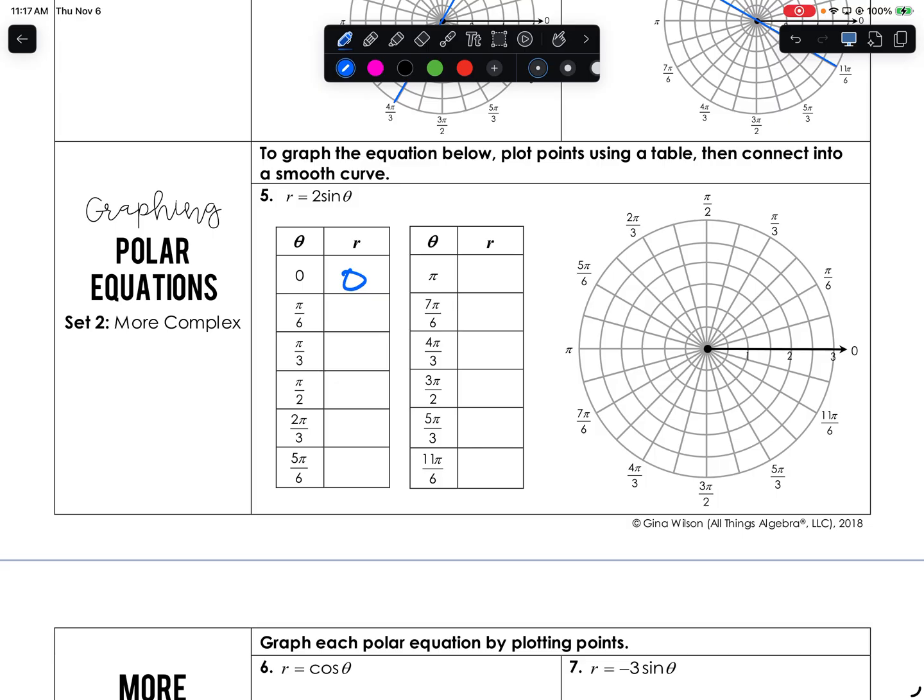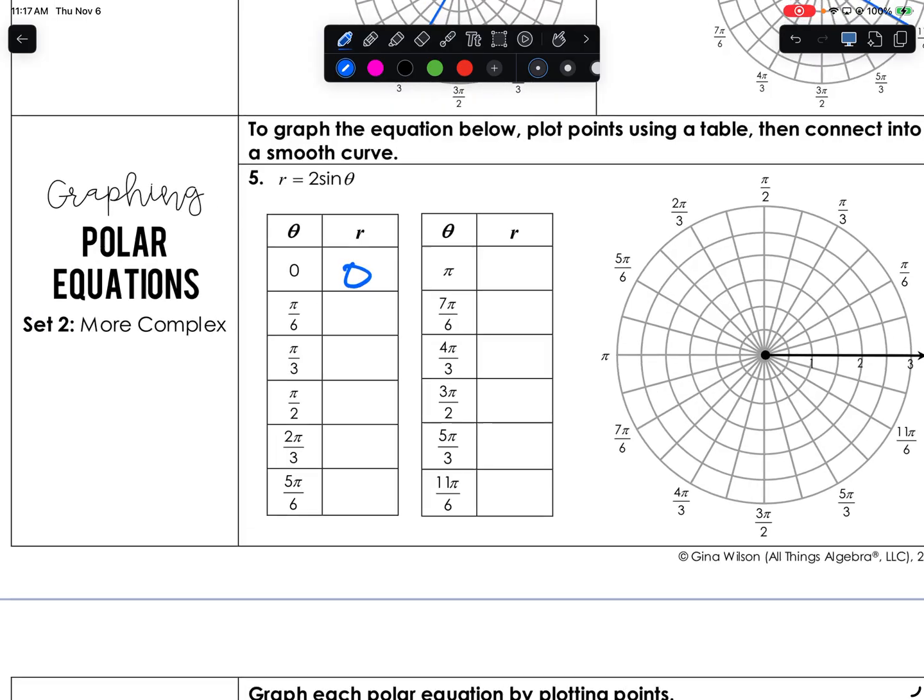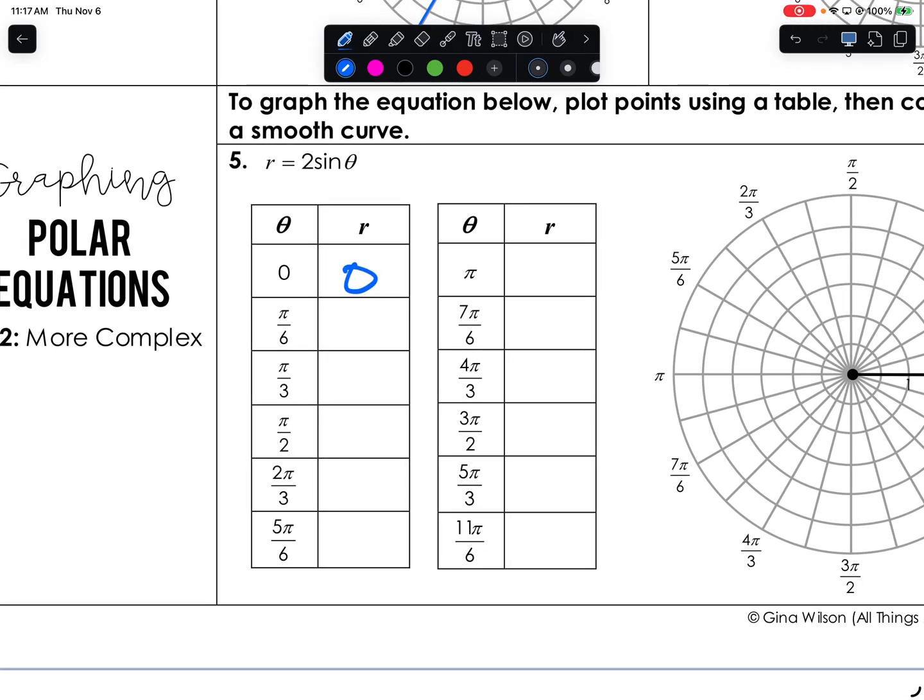So pi over 6, what is the y value? Pi over 6, the y value is 1/2. What do I have to multiply it by? 2. So I do 1/2 times 2, and what do I get? 1. We're going to worry about graphing them later. So pi over 3, what do I get? Root 3 over 2. So just so you know, I would write this off to the side. Root 3 over 2 is like 0.866. So you could just think of it like 0.9, because that's relatively easy to graph.